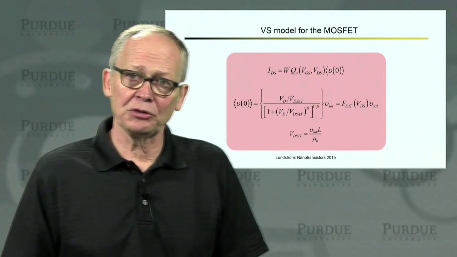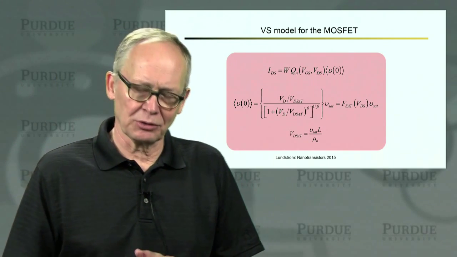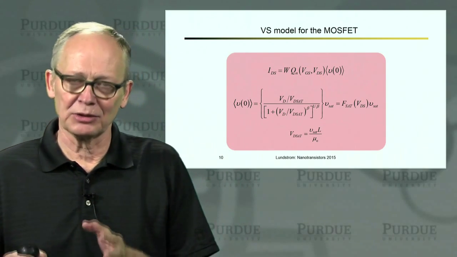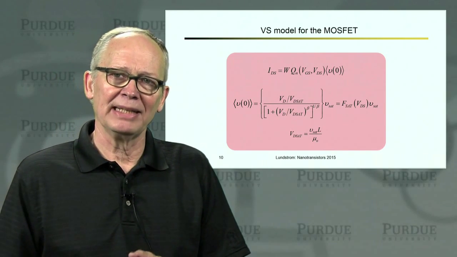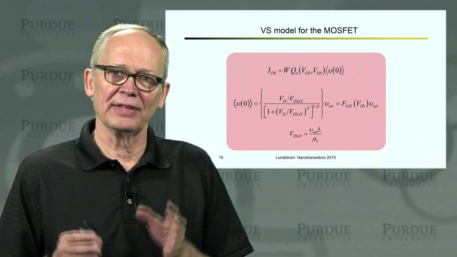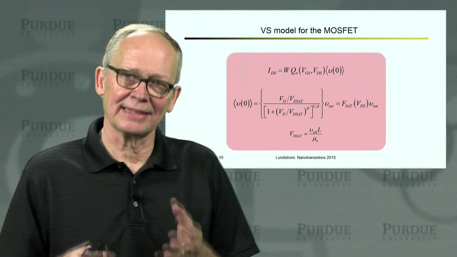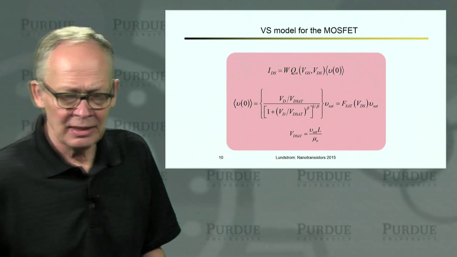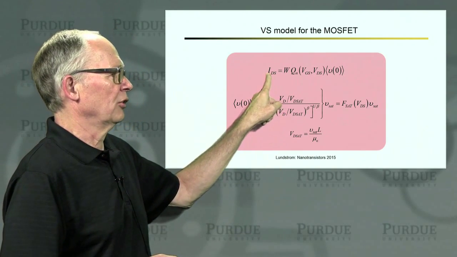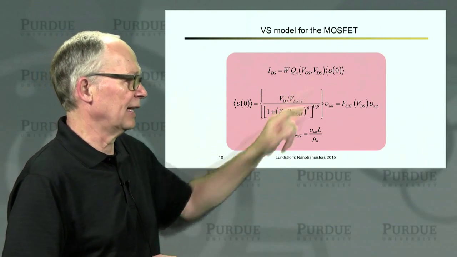Now, our virtual source model, we developed the virtual source model in a different way than it was originally developed. We developed it based on very traditional MOSFET theory concepts, the kinds that were worked out for MOSFETs in the 60s, 70s, and early 80s. We said current was width times charge times velocity.